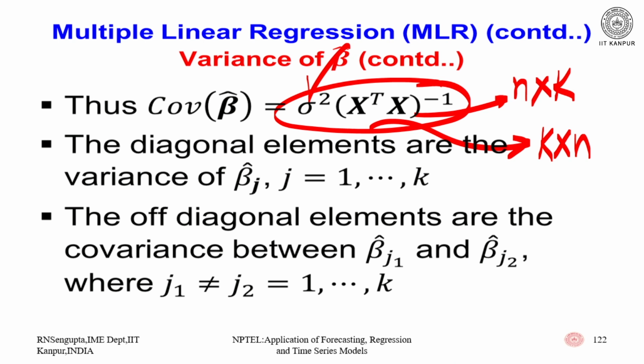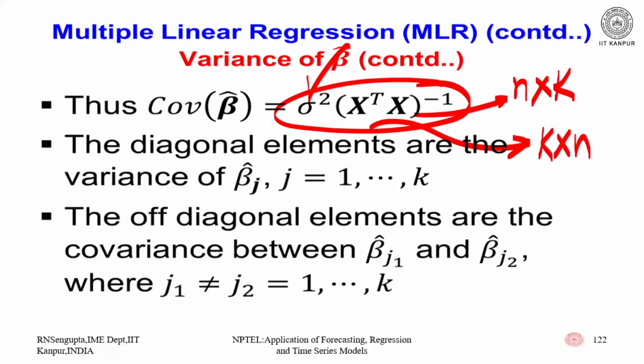The diagonal elements are the variances of beta, which is very intuitive, because if I take the principal diagonal, the first one would basically be the covariance of beta 1 with itself, which is the variance of beta 1. The 2 comma 2 element would be the covariance of beta 2 with itself, which is the variance of beta 2, and k comma k element would be the variance of beta k.